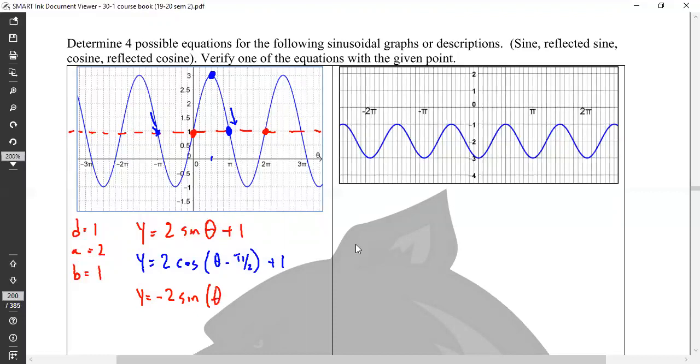Let's call this theta minus pi plus 1. And our last one ends up being y equals -2 cos. Where do we have a start point for negative cosine? At the minimum. And so that's theta plus pi over 2 plus 1.